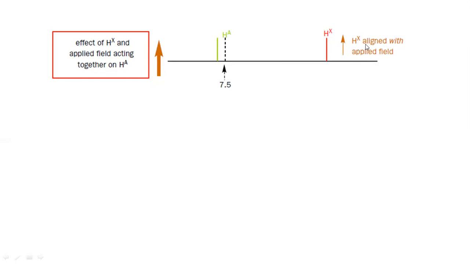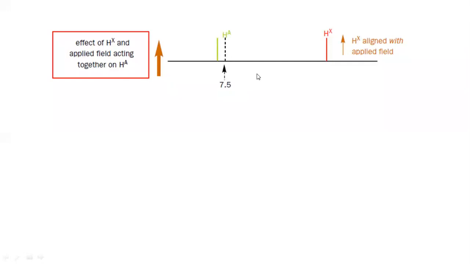This means this proton has its tiny bar magnet, and this symbol indicates that the magnetic field created by HX is aligned with the applied field. Both are in the same direction, meaning HX supports the applied field, and therefore this HA goes to the higher value. This is condition one.